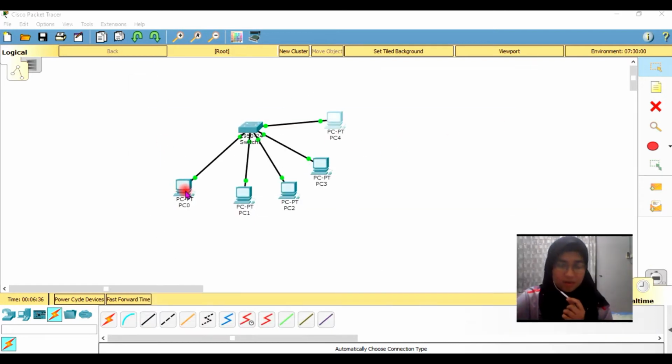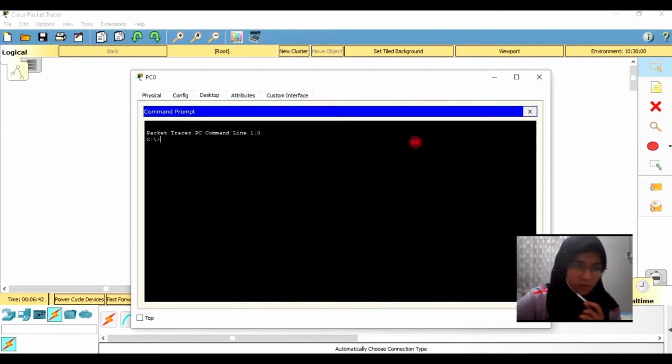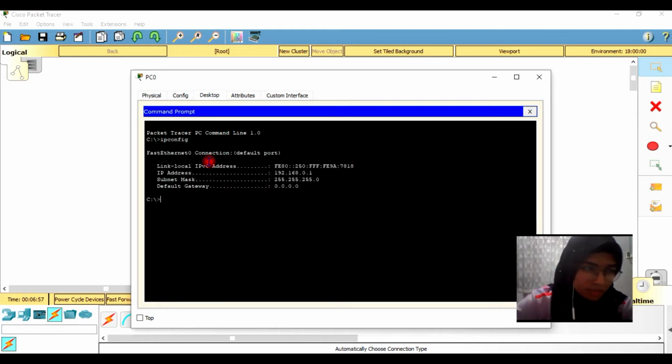After setting all the IP addresses of the PCs, now use the command prompt to ping PC5 by sending 20 echo requests. Now I type ipconfig, enter, and set the ping to the PC5 IP address, which is 192.168.0.5 -n 20 for the echo requests.